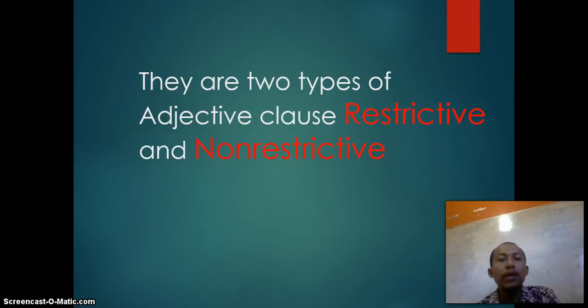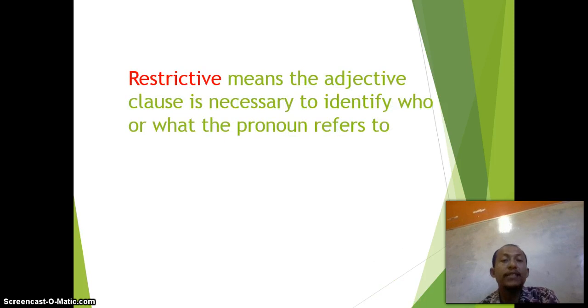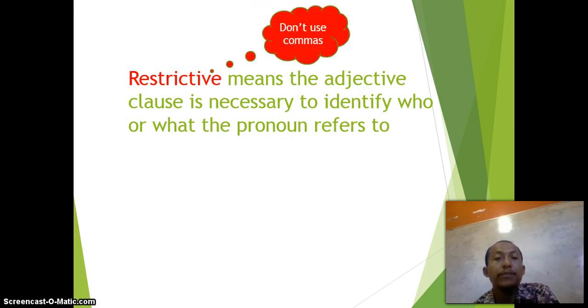Now there are two types of adjective clause: restrictive and non-restrictive clauses. What is restrictive? Restrictive means the adjective clause is necessary to identify who or what the pronoun refers to. So it is necessary to understand who and what the doer, who and what the subject is.